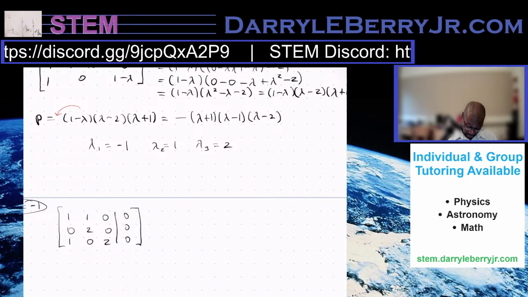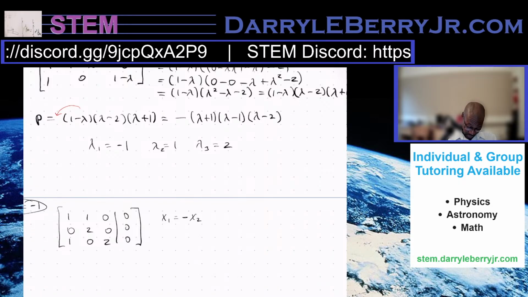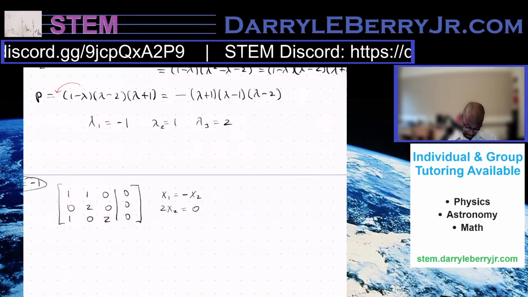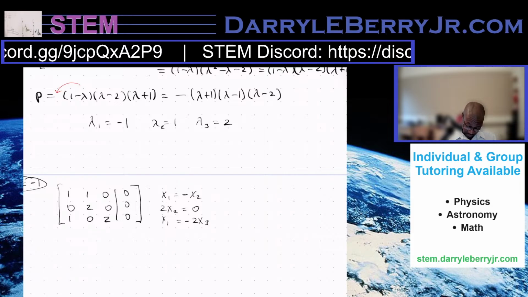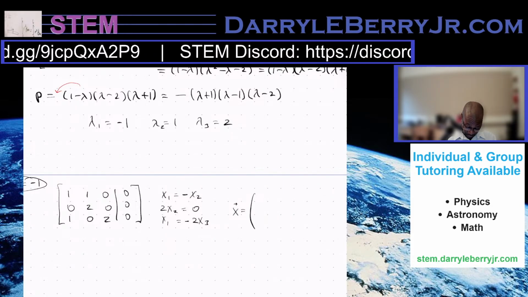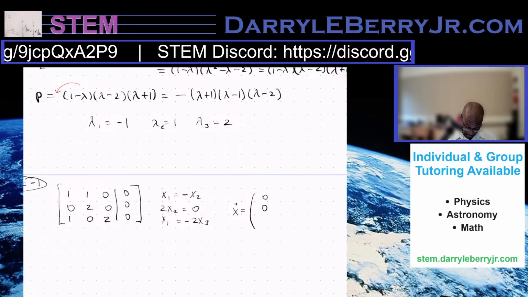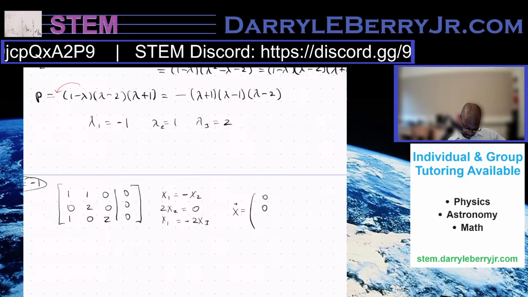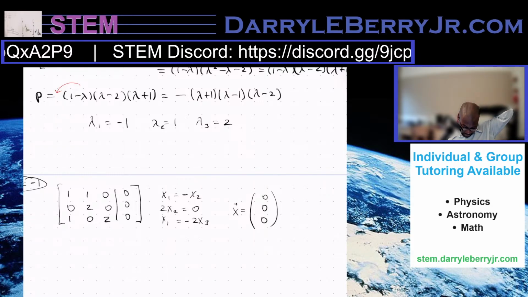So I can say x1 equals negative x2, 2x2 equals 0, and x1 equals negative 2x3. So x equals 0, 0, 0, right? So I must have done something wrong. Sure, let's see.